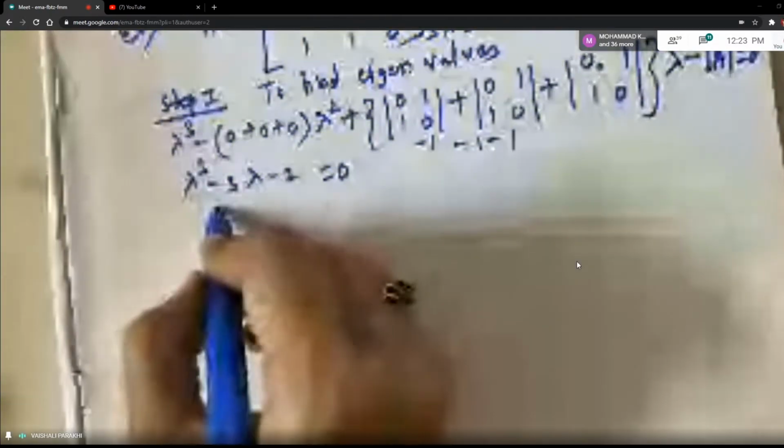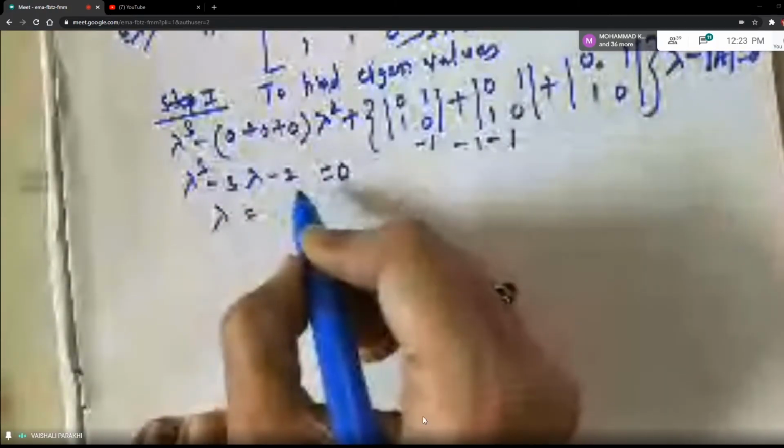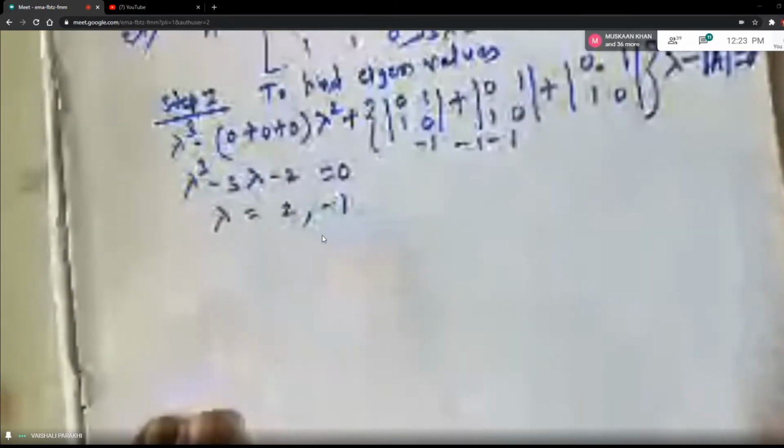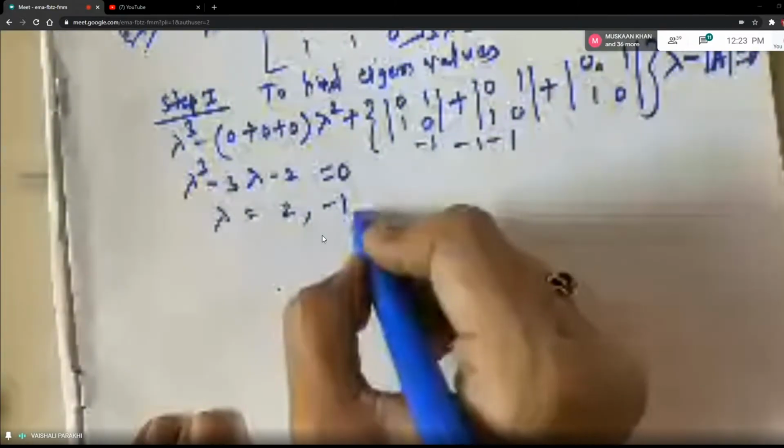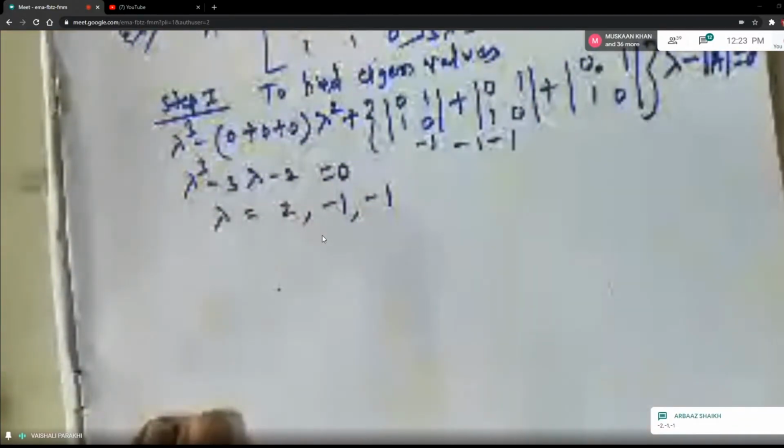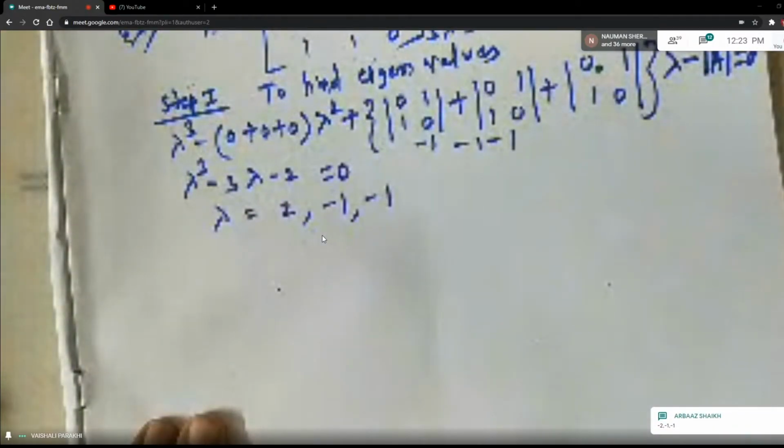But what will the calculator show you? It will show you 2 comma minus 1. So as I told you in the beginning lectures, you have to assume that the last number gets repeated. Is it minus 2, minus 1 or 2, minus 1, minus 1? Check. 2 it is, correct? So these are the roots you should get, all of you.